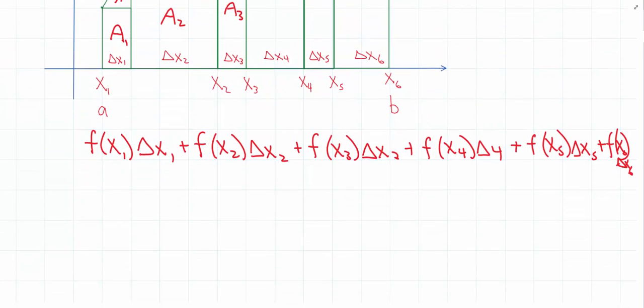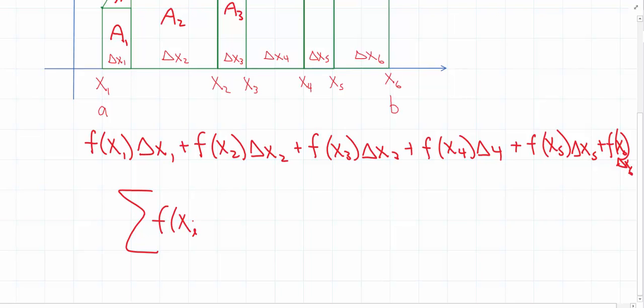And what we said was, well, let me write this as a summation. I could write this as the sum of f of x sub i, delta x i, with i going from 1 to 6. Okay? And we said that's going to be our approximation.